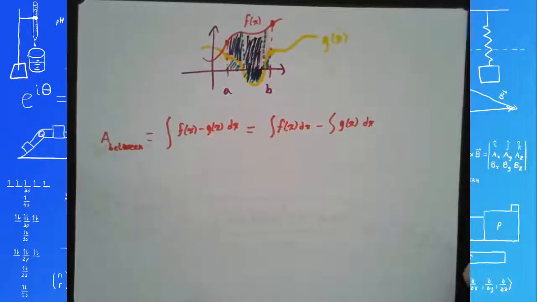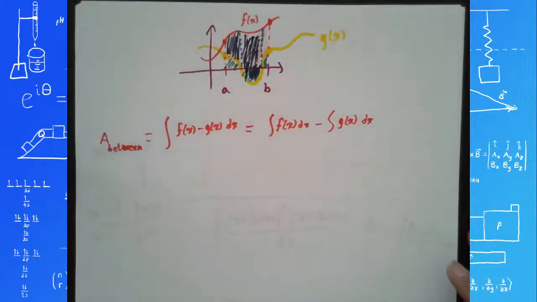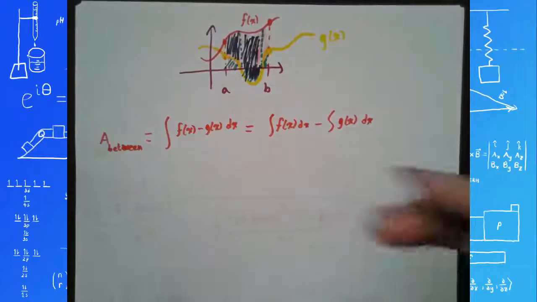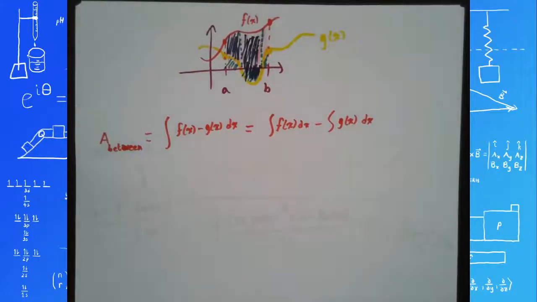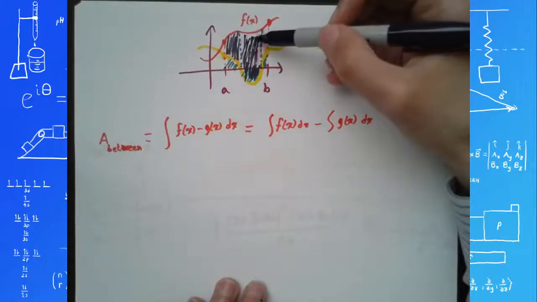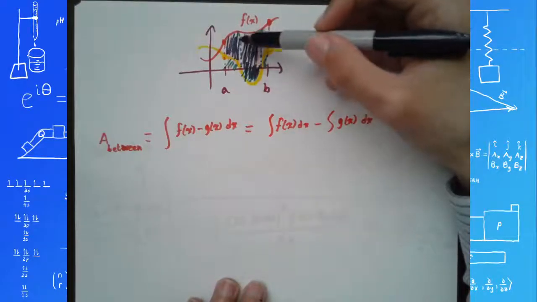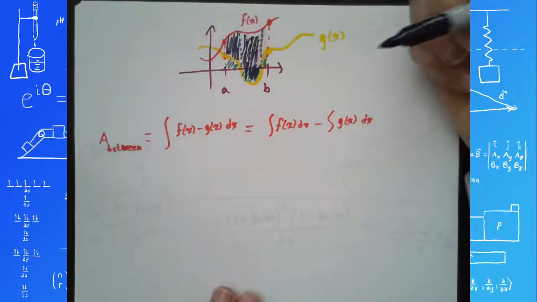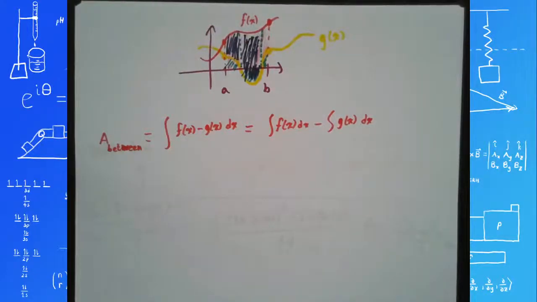So it still works. It doesn't matter if both of the curves are above the x-axis, or one is above and one is below, or both are below. You're always going to get a positive value for the area between curves, provided, of course, that you set things up correctly.